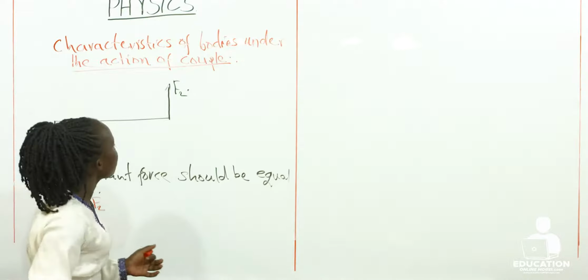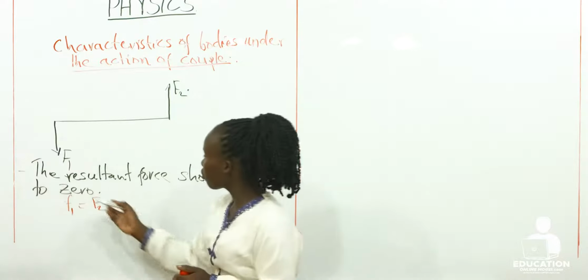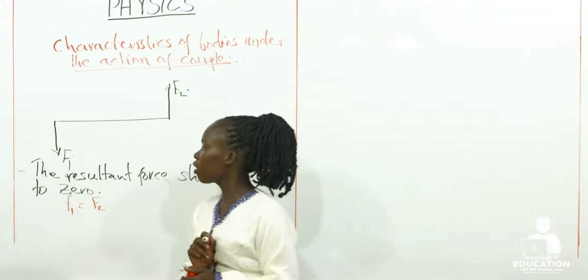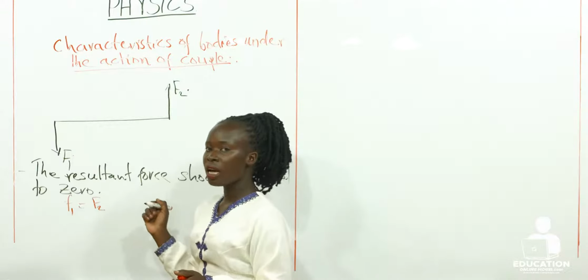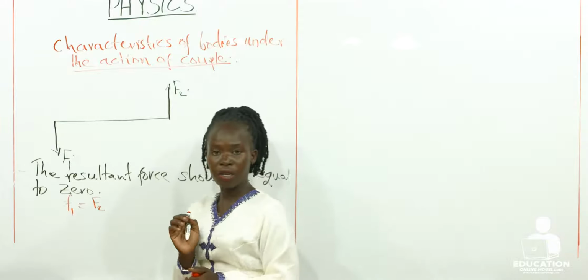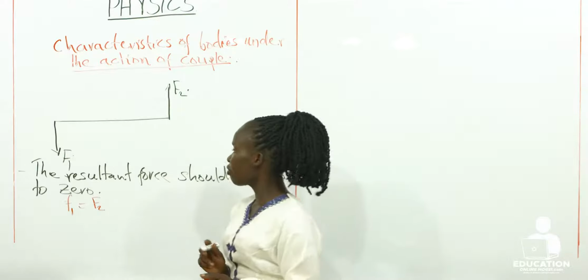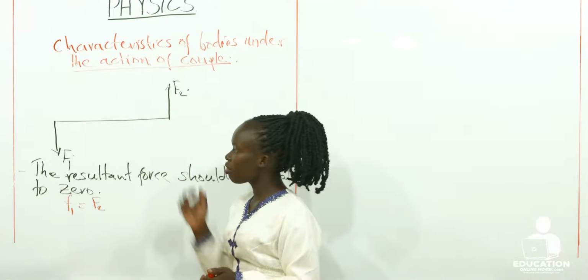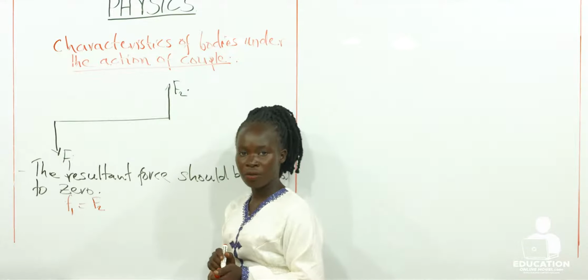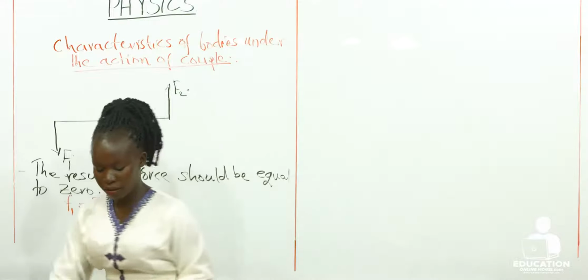That means that if you have applied a force of 3 Newton here, to balance this force, you will need another force of 3 Newton as F2. So this one will help you balance that. How would you get the resultant as 0? Let's look at this.